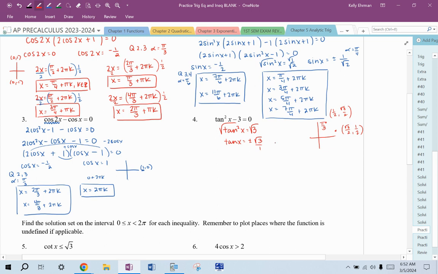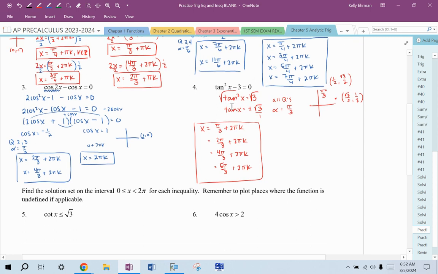So the reference angle here is pi over 3, and because of the plus or minus, we want all four quadrants. So x is going to equal pi over 3 plus 2 pi k, and 2 pi over 3 plus 2 pi k, and 4 pi over 3 plus 2 pi k, and 5 pi over 3 plus 2 pi k.